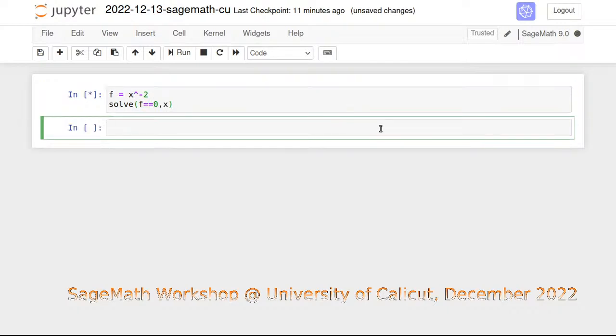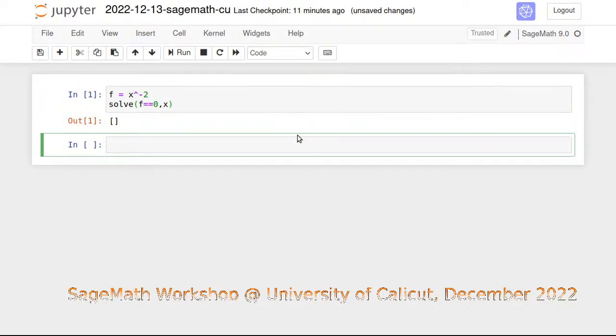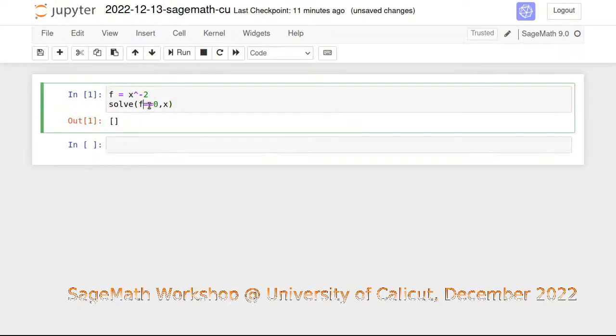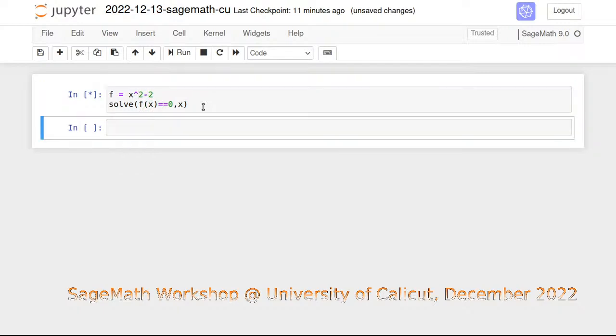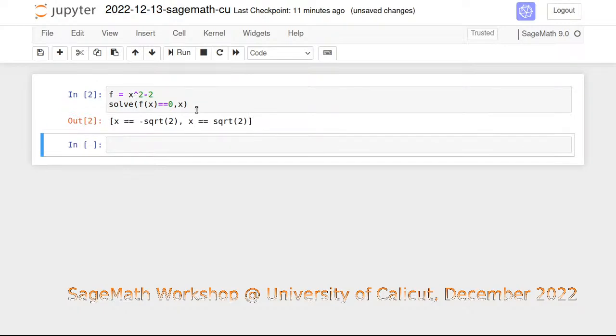So what is the solution? Oh, sorry, x square minus 2. Yes, we are getting the solutions as minus square root of 2 and plus square root of 2.